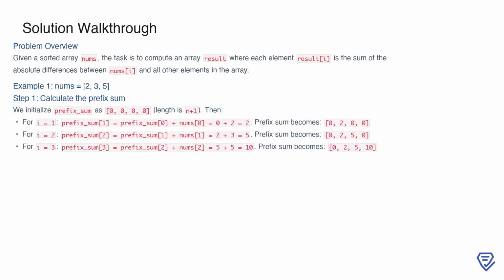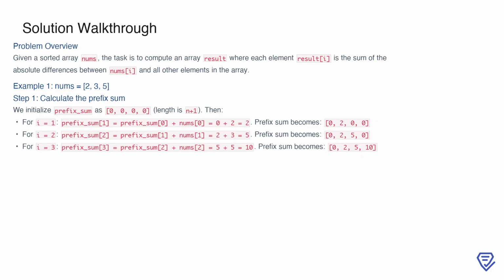For example, if nums is [2, 3, 5], we initialize prefix_sum as an array of zeros with a length of n plus 1. This ensures we have an extra slot to accommodate sums up to any index. Starting with i equals 1, we calculate each prefix_sum[i] as the sum of prefix_sum[i-1] and nums[i-1].